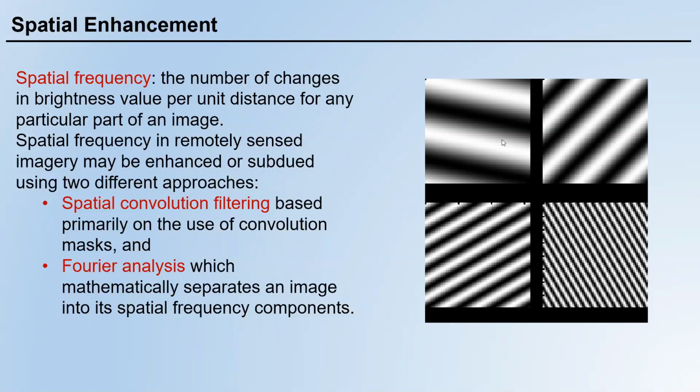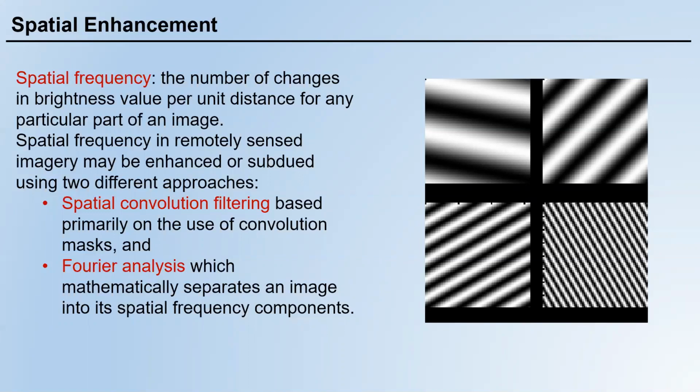So by this definition, when you compare these four images, which one has the lowest spatial frequency? Which one has the highest spatial frequency? You can pause here to observe them and to make your judgment.